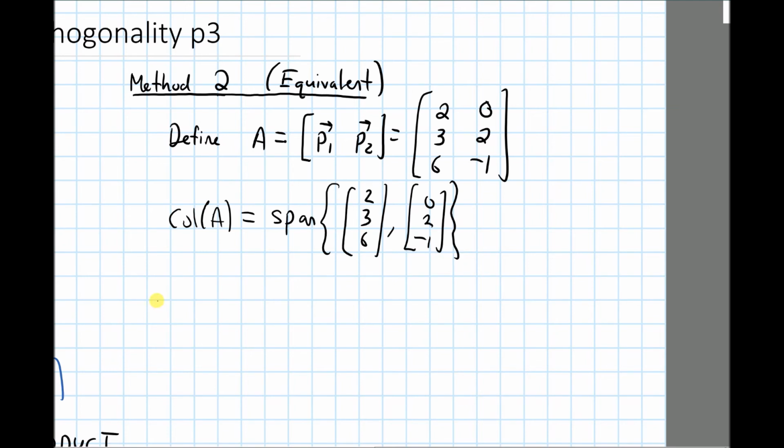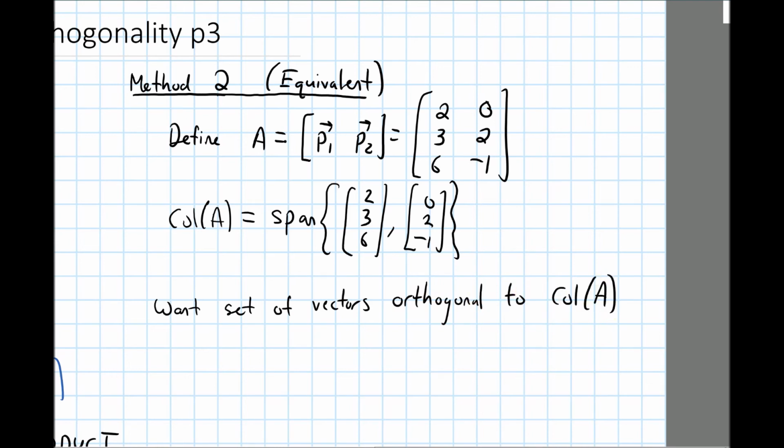What I want is a vector that is orthogonal to these two columns. Well, what if we could just get a set of vectors that is orthogonal to the entire column space?